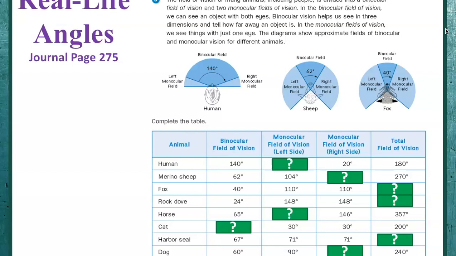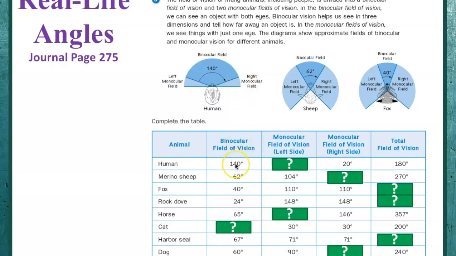The diagram shows approximate fields of binocular and monocular visions for different animals. So let's just work through this with a human. With a human, we can see 140 degrees in front of us. But with just our left eye, without moving our left eye or our right eye, we can see a certain amount of vision to our left and a certain amount of vision to our right, equally on both.